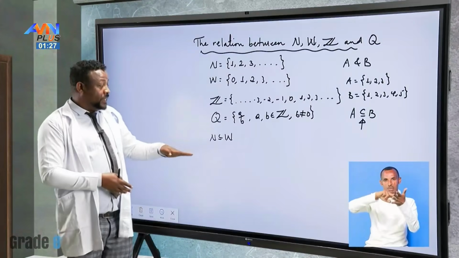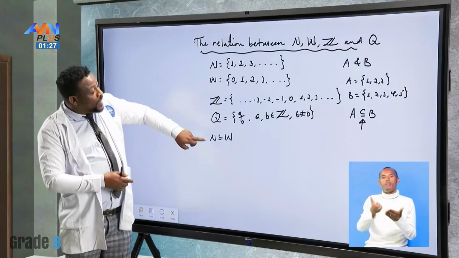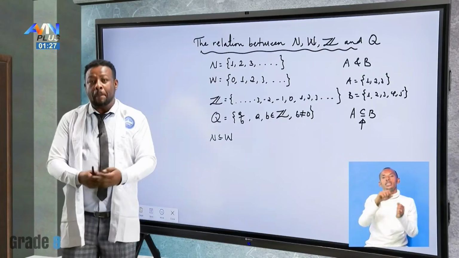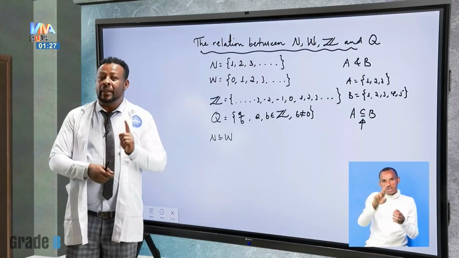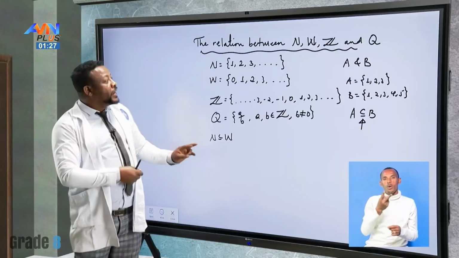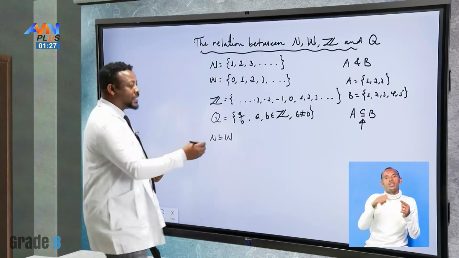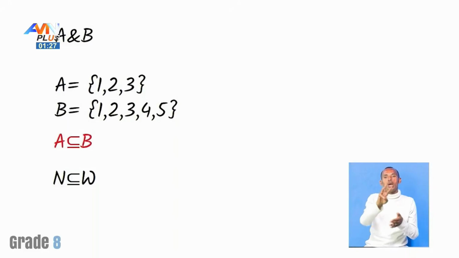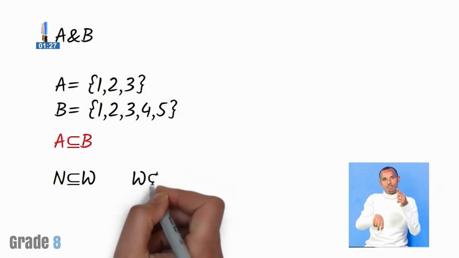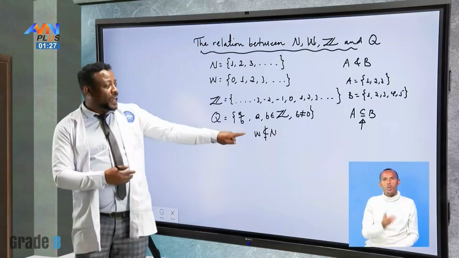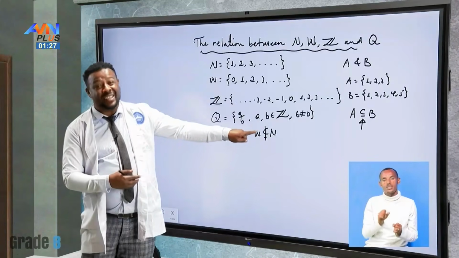Literally, this means every element of set N is contained in set W, but not the converse. You have to be very careful. We cannot say that W is a subset of N. Why? Can you guess why we can't say the set of whole numbers is a subset of N?